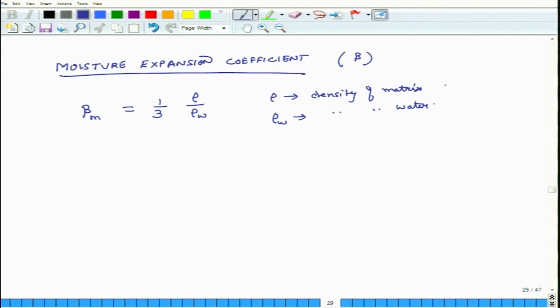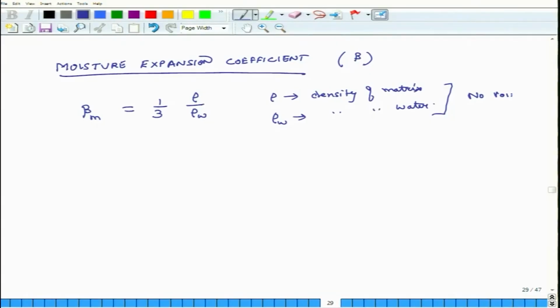Now, here we assume that when the matrix is absorbing water, there are no air spaces and voids, because if there are voids, then first the water will go and fill up those voids and then it will try to expand the system. So, this works when there are no voids.